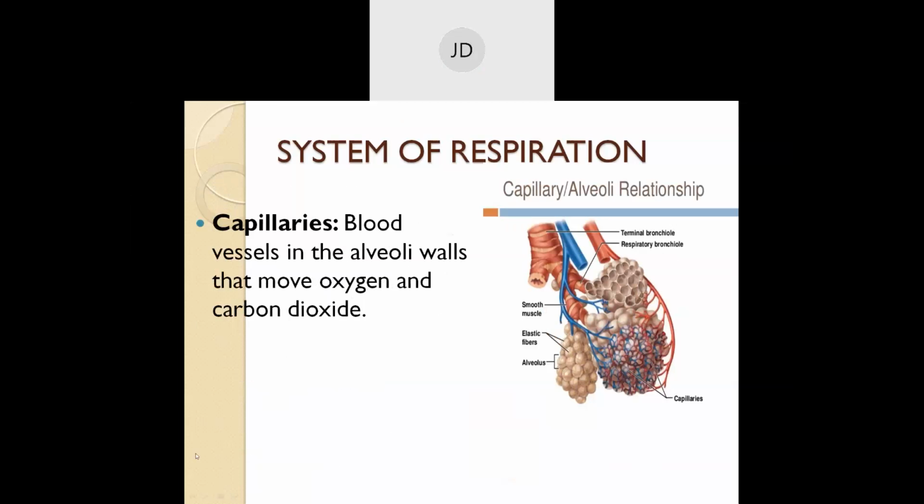Okay, so next is capillaries. So in the capillaries, what will you find? The capillaries, they are like blood vessels and they are attached with the alveoli. You remember, I said they are just like grapes. They are very small.